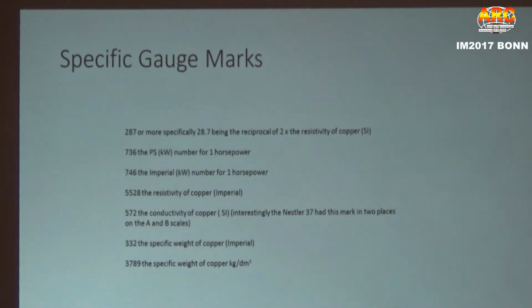The ones they don't have are things like 2 pi f, which is a normal figure you use in electrical engineering for working out impedance of inductors and also capacitors. 2 pi f L is the impedance of an inductor, 1 over 2 pi f C is the impedance of a capacitor.